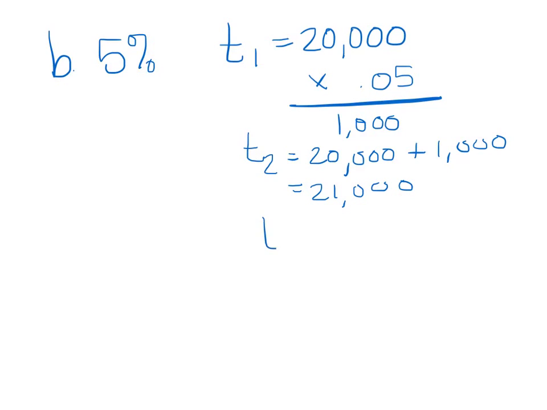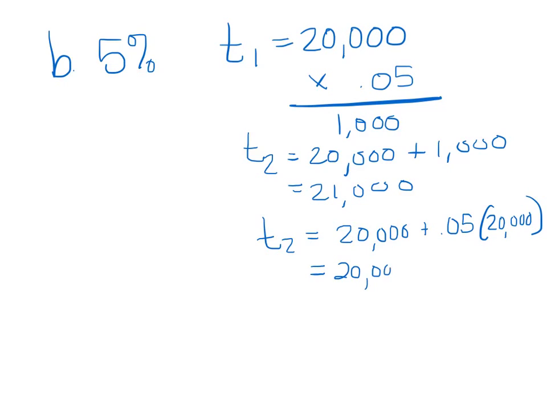Well, here I can see that T2 was equal to the original 20,000 plus the 0.05 times 20,000. So I just need a formula that sort of sums this up for every time I'm going to do it. Let me factor out the 20,000, and I have 1 plus 0.05, or 1.05. So what did I do?